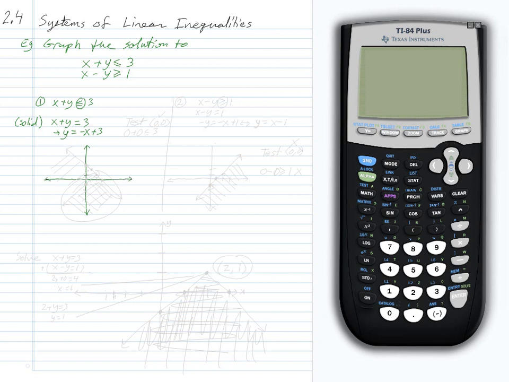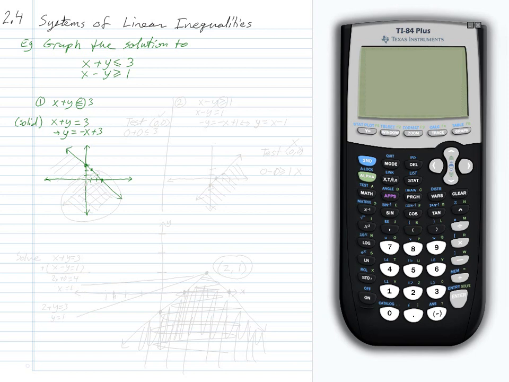So if we put our y-intercept at 3, and we fall 1 and run 1, and we fall 1 and run 1, and we fall 1 and run 1, we can see this is the line that we're talking about. And I will use a solid line.